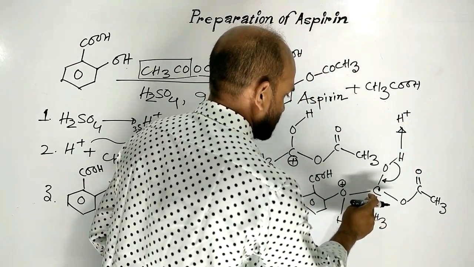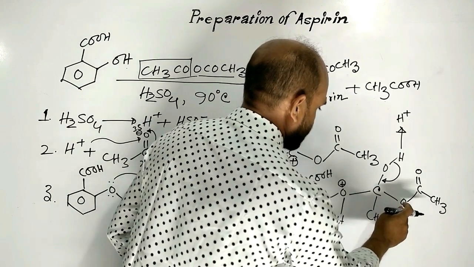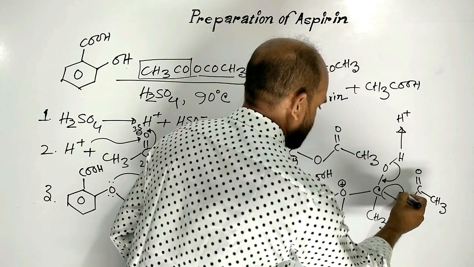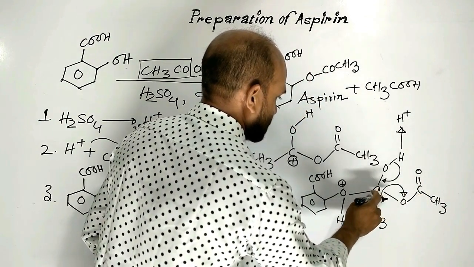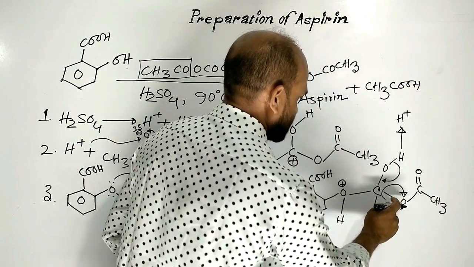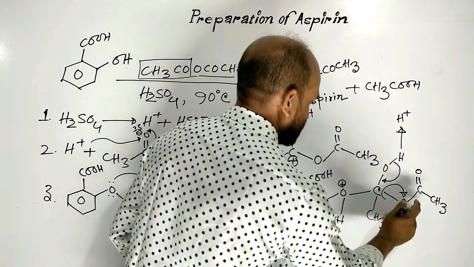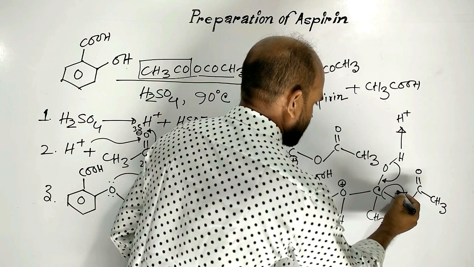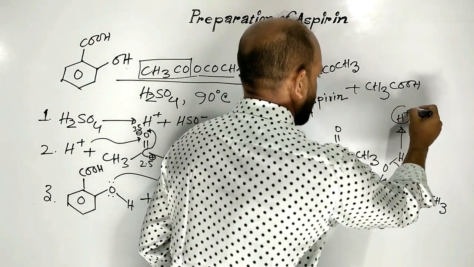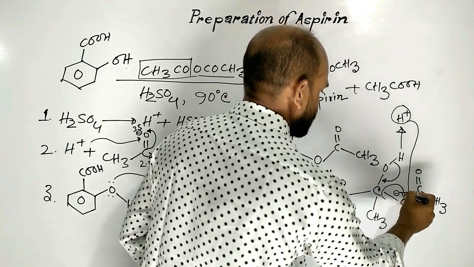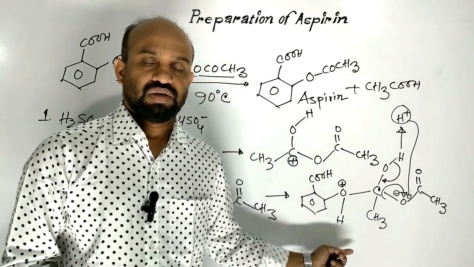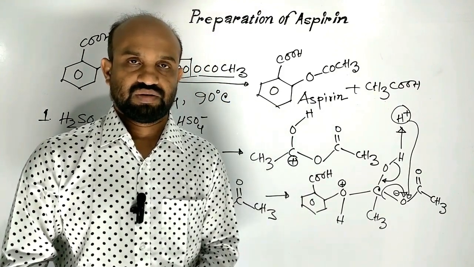At that time, this carbon oxygen bond undergoes heterolytic fission. At that time, this oxygen becomes negative in charge. Then this proton combines with this oxygen. As a result, a new entity is obtained.